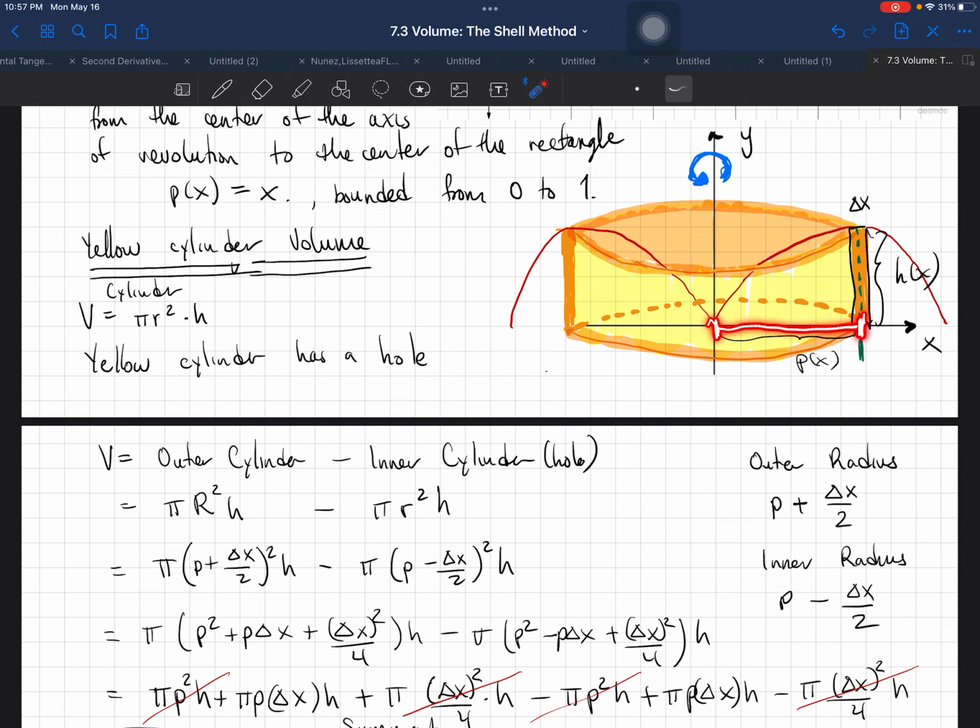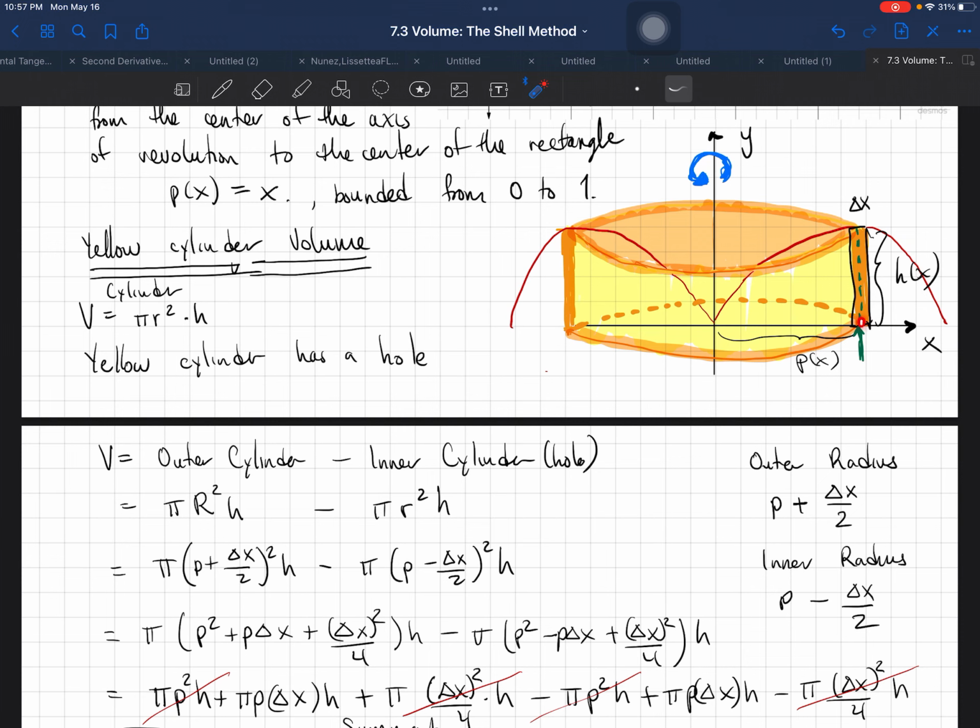I'm talking about distance, not where this is located. This special note will make sense at the end.